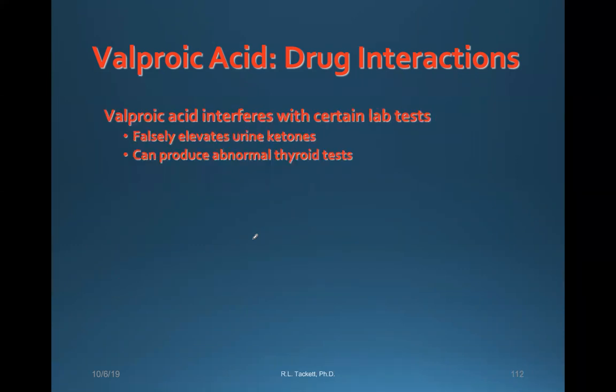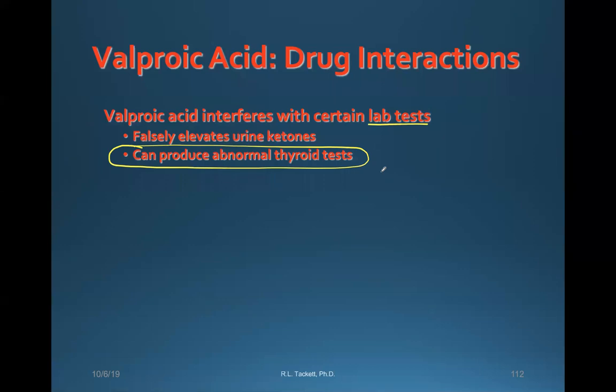And here's another thing. This is one of these drugs that can interfere with lab tests. One of the big things you have to worry about if they're on valproic acid is that it can produce abnormal thyroid tests. The person doesn't have any symptoms of thyroid disease, but their lab tests indicate there may be thyroid disease.